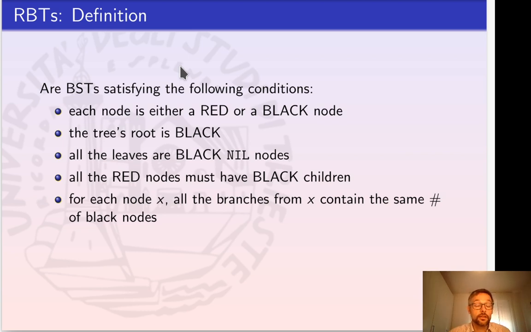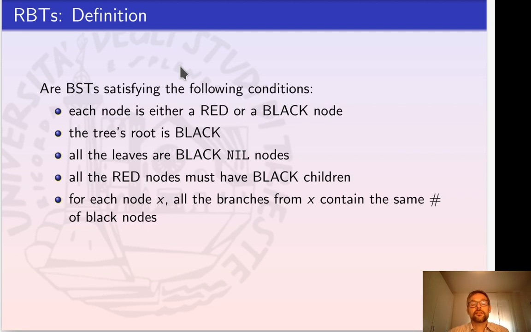And this property, the color of the node, will be used to check whether a subtree is balanced or not. Okay, and we will see how.